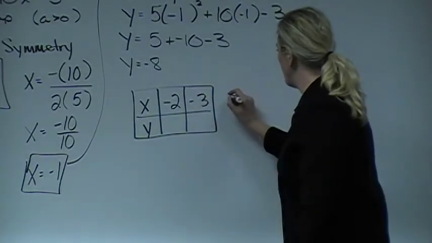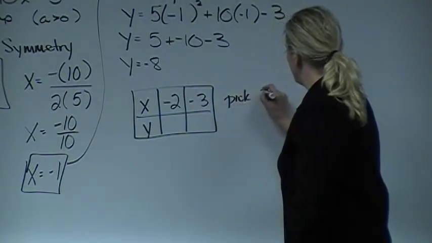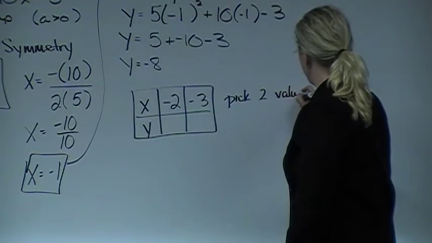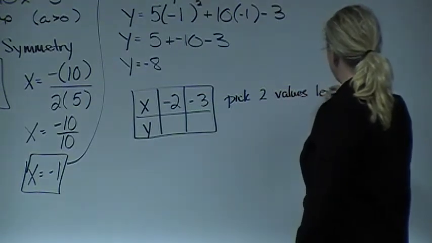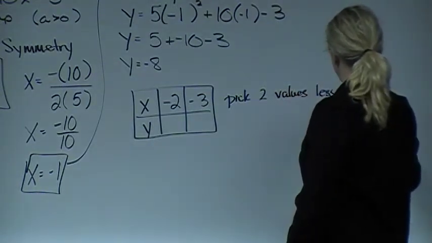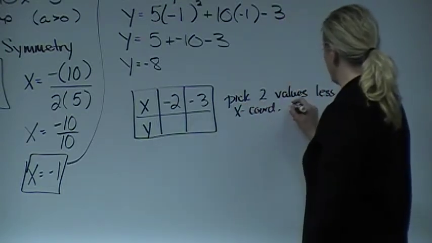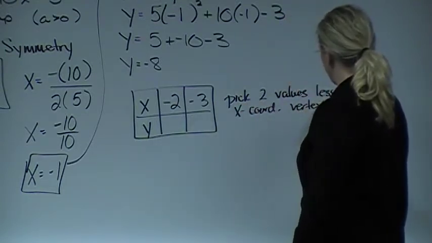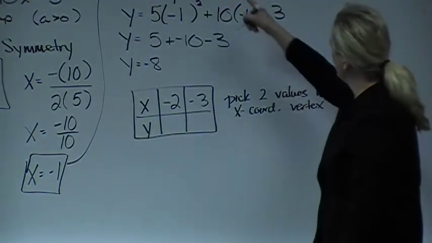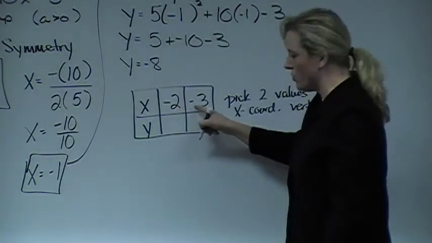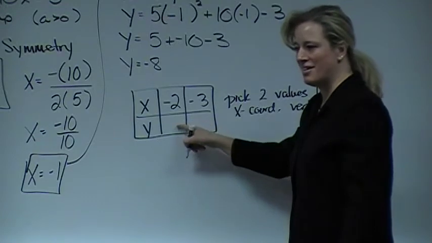Okay? Remember, pick 2 values that are less than the x-coordinate of my vertex. Because it's -1, I pick -2 and -3. And guys, how do we always get y? What do we always do?